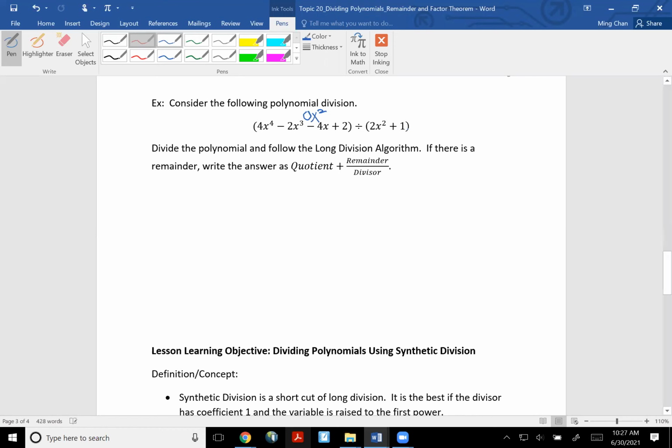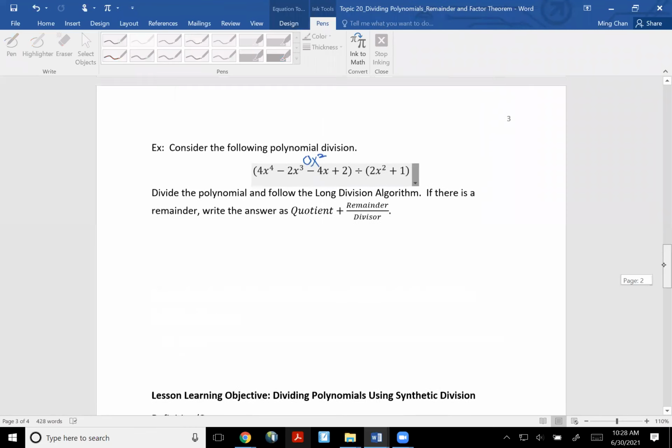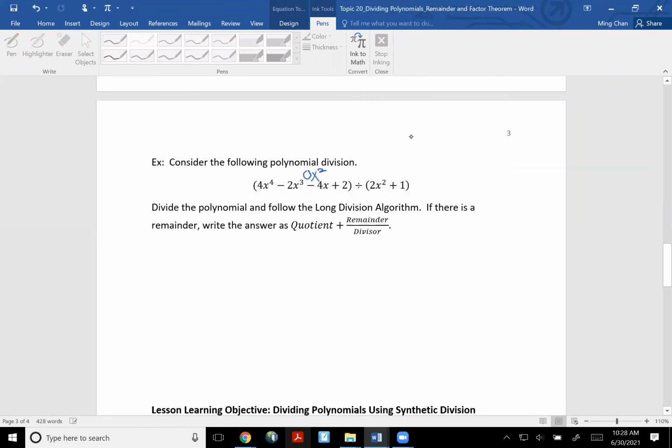The divisor is 2x squared plus 1. The degree is 2, so normally after x squared comes x to the first power. I don't have it, so I also have a missing term in my divisor. I'm missing a 0x to the first power. A student asked me before, why do I put 0 in front of the x? Well, that's why: they're missing because the coefficients are 0 on the missing terms.